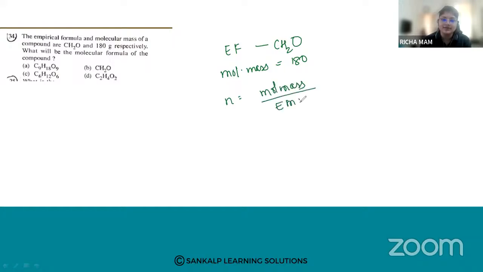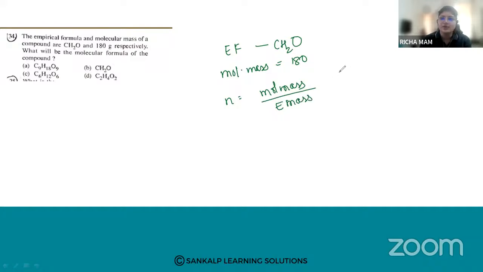The empirical formula and the molecular mass of a compound are given. What will be the molecular formula of the compound? We have solved like this, so one more question based on that. Empirical formula is given as CH2. Molecular mass is given as 180. N can be calculated as molecular mass divided by empirical mass.